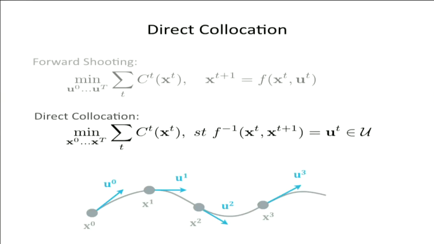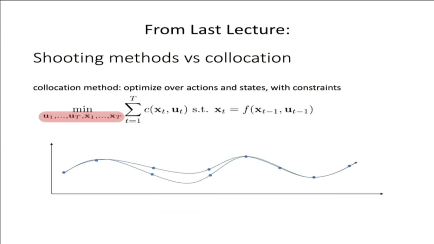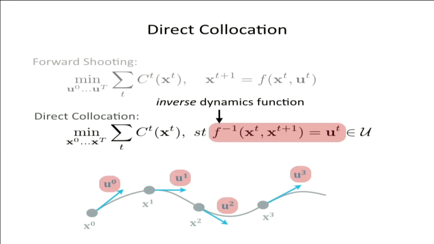We're going to take a slightly different view here and only optimize for the states. And the controls, which were optimization variables before, will now be implicit functions of the state. And you'll be able to recover the controls from the states using an inverse dynamics function. And this is the direct collocation method and the basis of it.